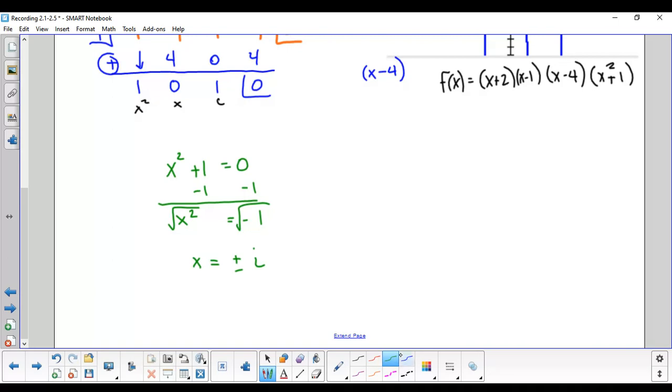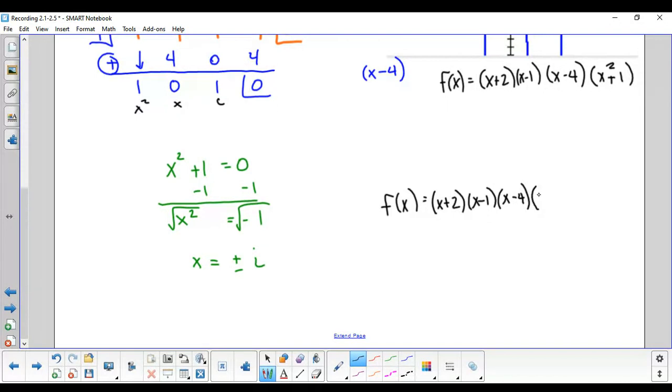So I can take that information, no pun intended, and I can write this in fully linear factorized form, or as a product of linear factors, and it would look like this. x plus 2 times x minus 1 times x minus 4. Those were the 3 zeros we did synthetic division to find.